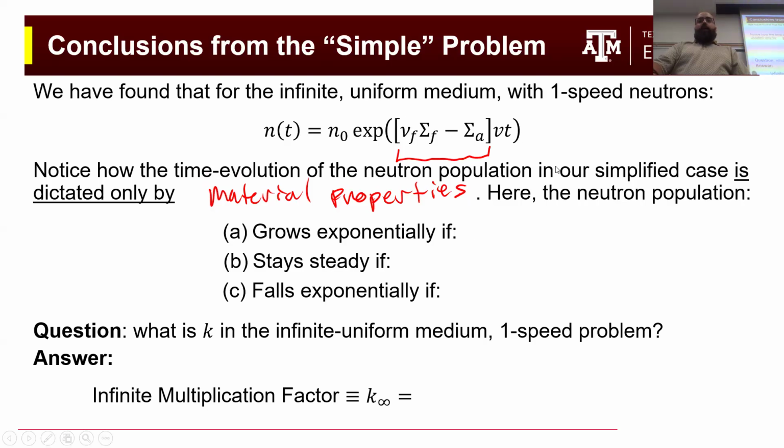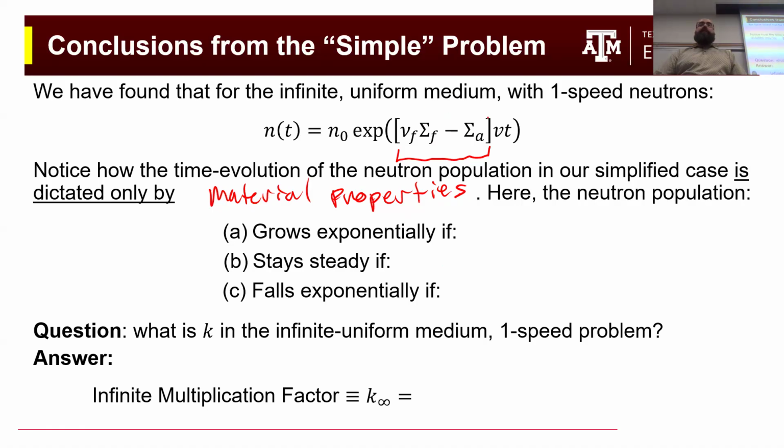So these material properties are going to influence what our population does with time. And we want to think about how the nu F sigma F and the sigma A need to compare if we want our population to grow exponentially, be steady, or fall exponentially. So if our population grows exponentially, this quantity needs to be positive.